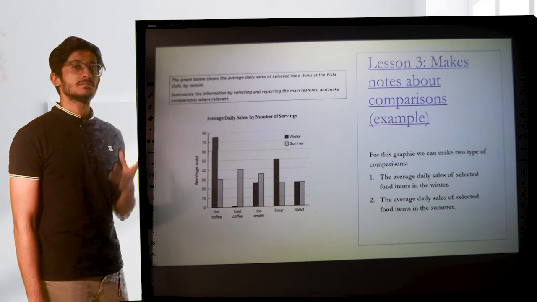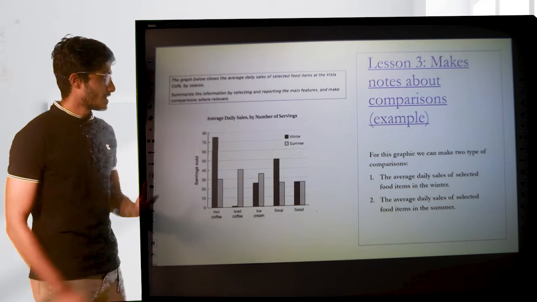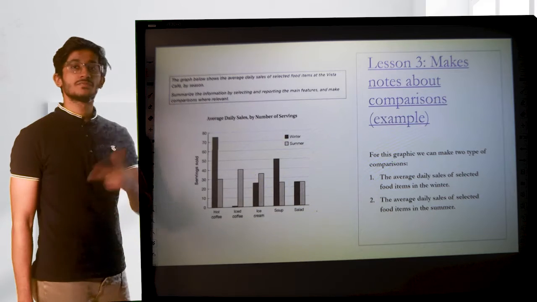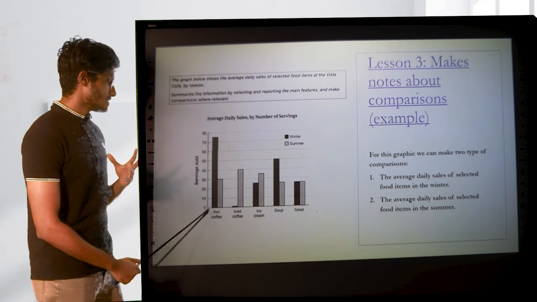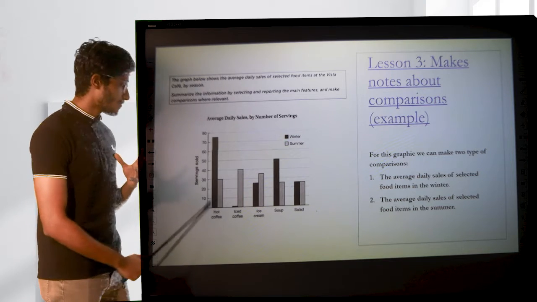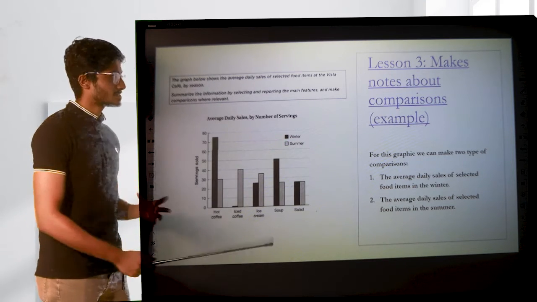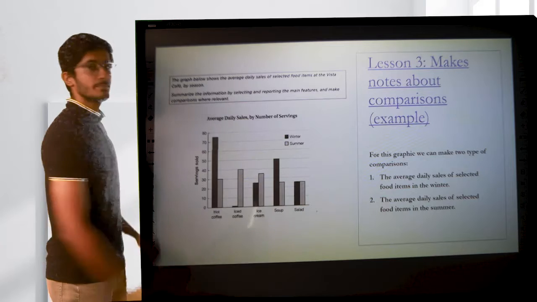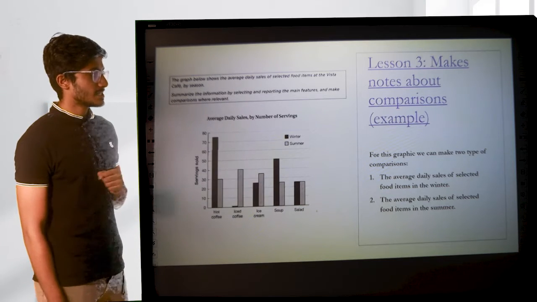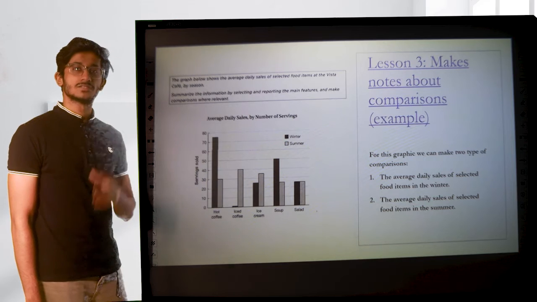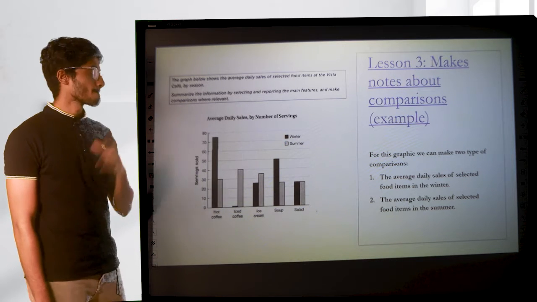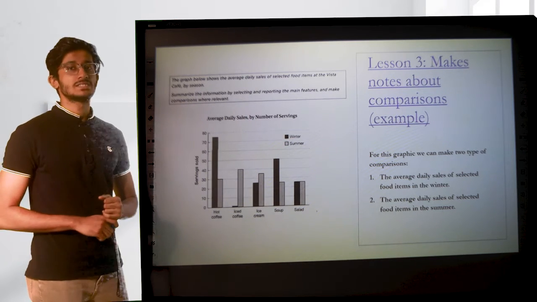But what is the comparison made on the basis of? It's winter and summer, 2 different seasons. So we have the average sales of each food item in winter and in summer. So you make the 2 comparisons: the average daily sales of selected food items in the winter and the average daily sales of selected food items in the summer. That's where the comparisons are being made.